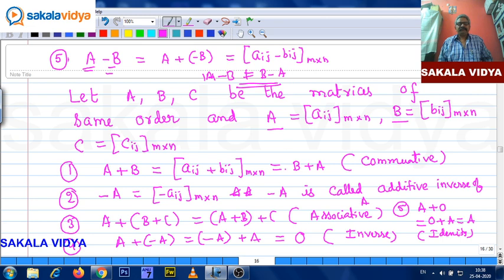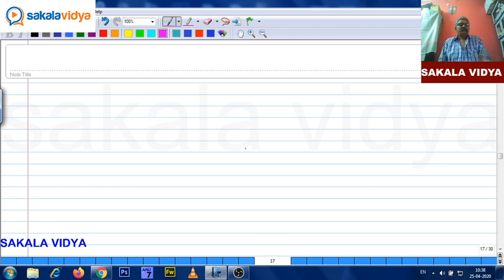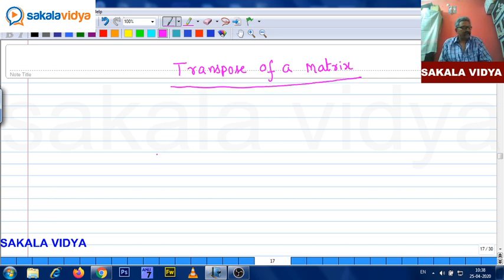Right, next, transpose of a matrix. What is the transpose of a matrix? For example, let us consider A equal to 1, 3, 5; 0, minus 1, 2.